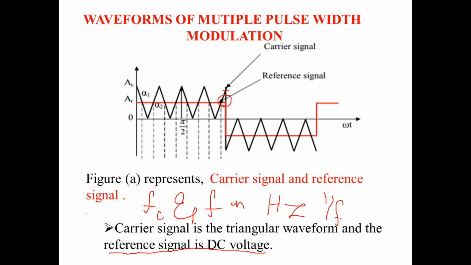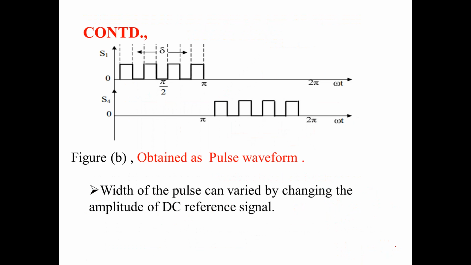One by carrier frequency will be pi by 4, and when it is 1 by 2 times the frequency, the value will be pi, and so on, it will increase. From this we can find the number of triggering pulses. This is the pulse waveform obtained.